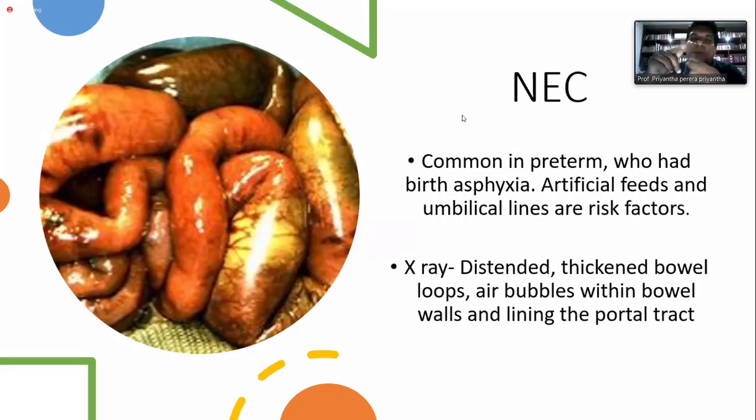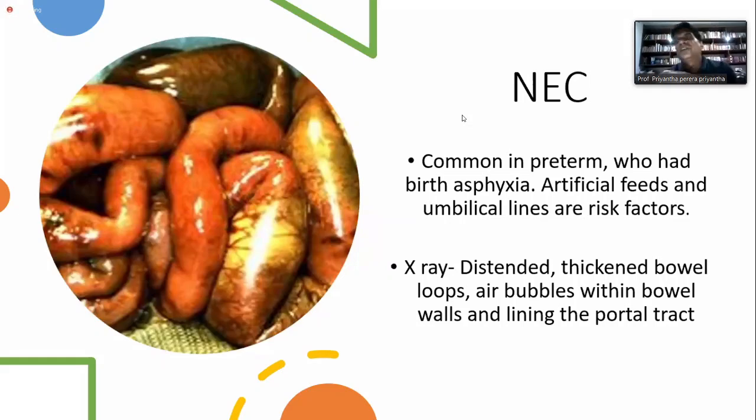And when you put umbilical arterial catheters, again, the umbilical artery catheter can obstruct openings of the celiac trunk, superior mesenteric artery, inferior mesenteric artery, and interfere with blood supply to the intestines. So that is also a risk factor for NEC, and other risk factors are large PDAs and fluid overload.